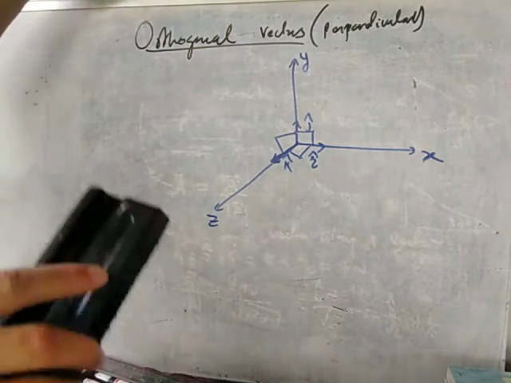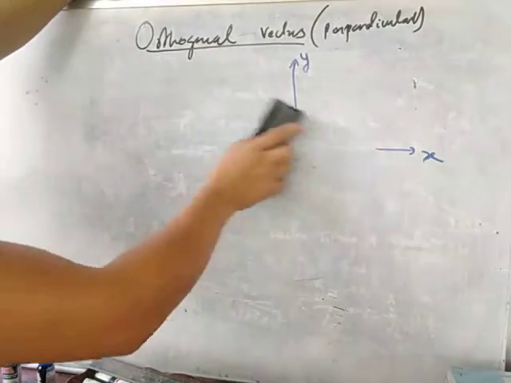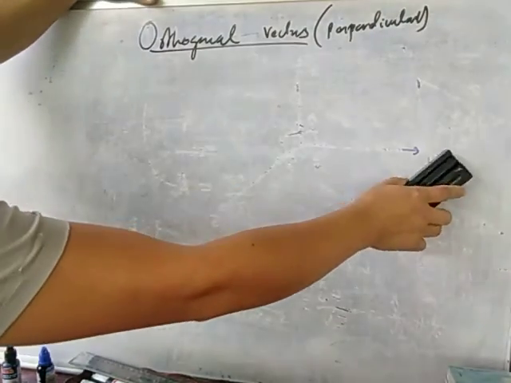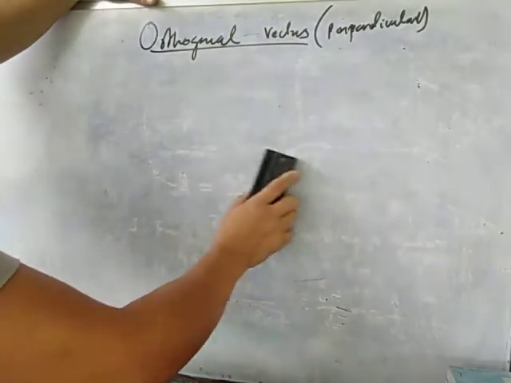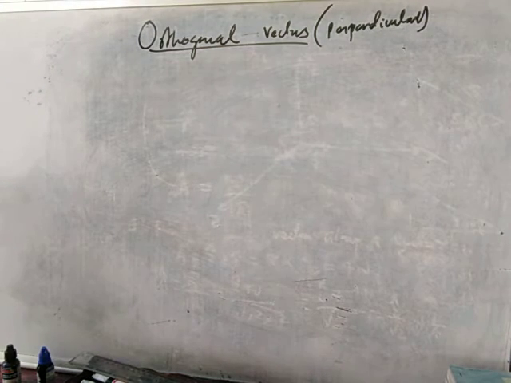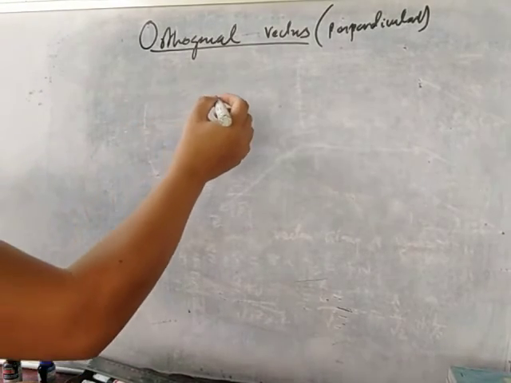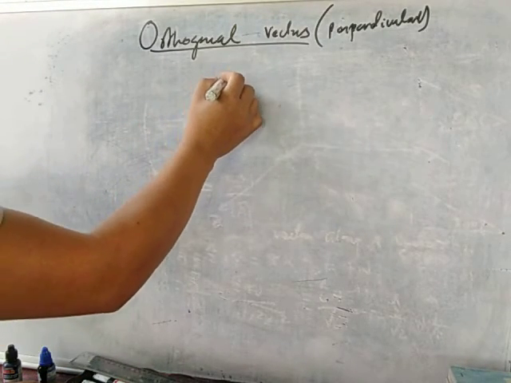So to write any vector we need direction and magnitude, isn't it? Yes or no? So let us say this is a vector.